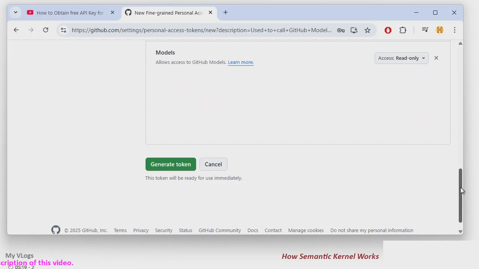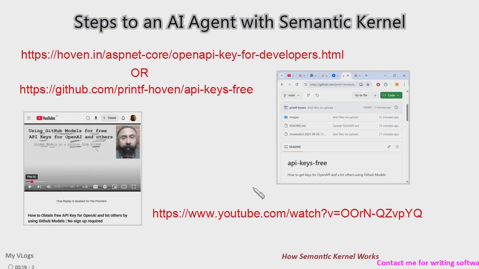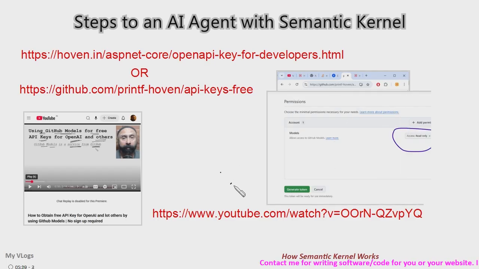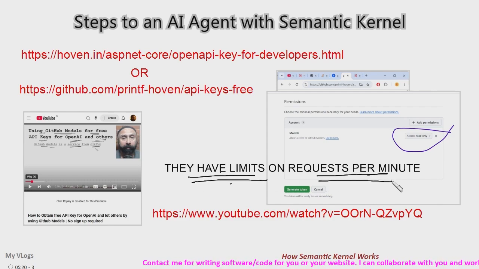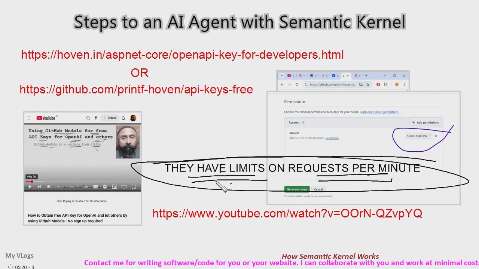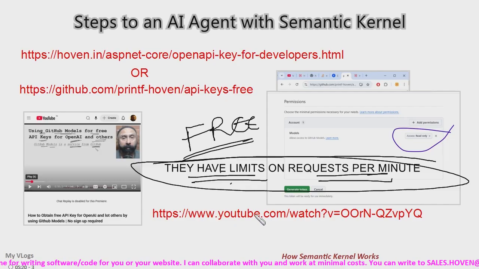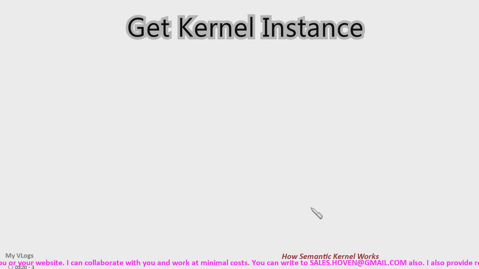If it is not there, then you can use add permissions and then generate token. I'll not generate because I have already generated. So this is one thing that you will need. All these free ones have limits on requests per minute, so things will be slower when you run. So for free, these are limited. You will need a paid account, but let's do with free.